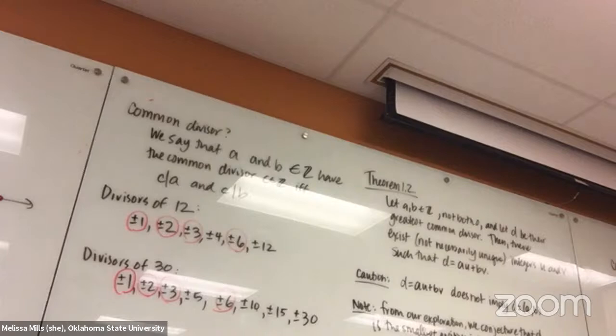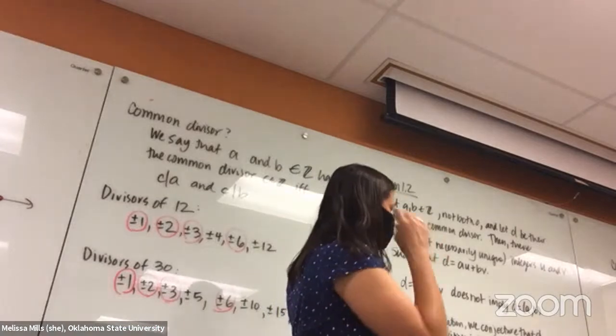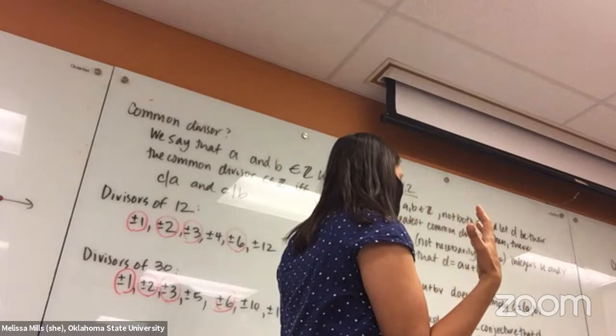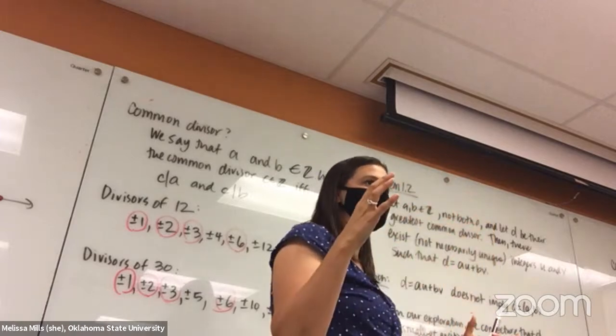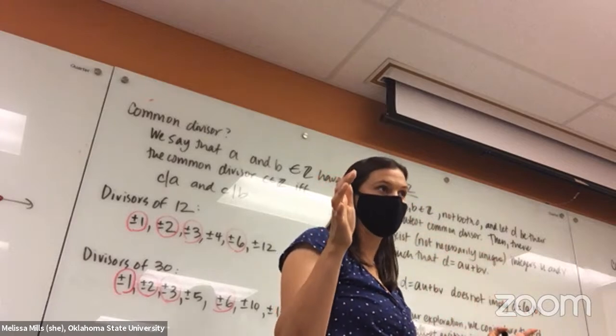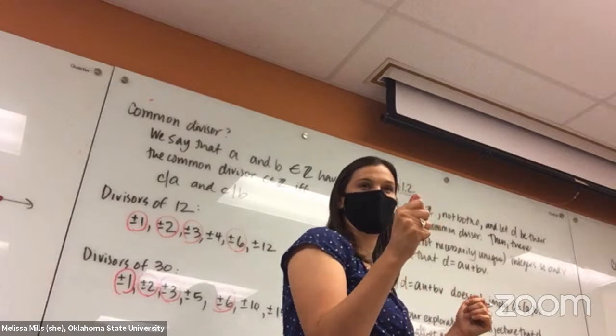So you get an idea for the flow of this proof. We're going to make a set of all the numbers that can be written as linear combinations. Then we show that set is not empty. Then we pick the smallest one by the well ordering axiom.